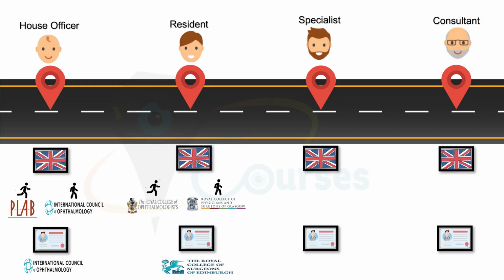If you have more experience and you are now a middle grade or a specialist, then the fastest route will be the Royal College of Ophthalmologists of London again, because now you are increasing your experience. You are considering going to the UK to compete for middle grade jobs like clinical fellow or specialty doctor, and you may also consider applying for higher grade jobs like locum consultant, or applying for the Article 14 or the CESR pathway, which will enable you to apply for permanent consultant jobs in the UK.